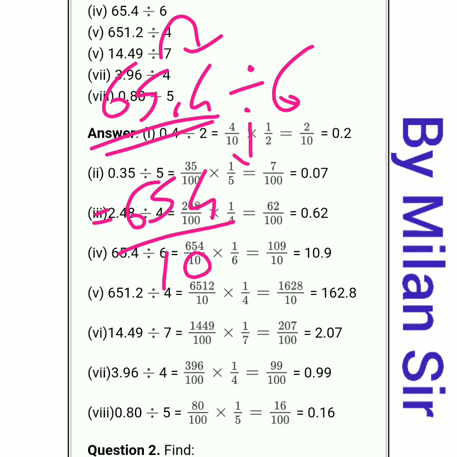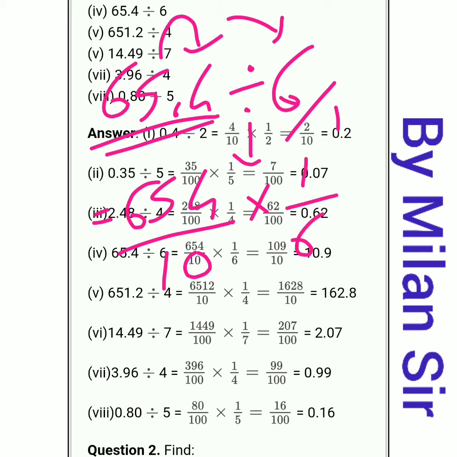Now we need to convert this division into multiplication, and we need to take reciprocal of our second number. 6 is there, nothing is present in denominator, so we can write 1. Now we need to take reciprocal of 6 by 1. Reciprocal of 6 by 1 is 1 by 6.